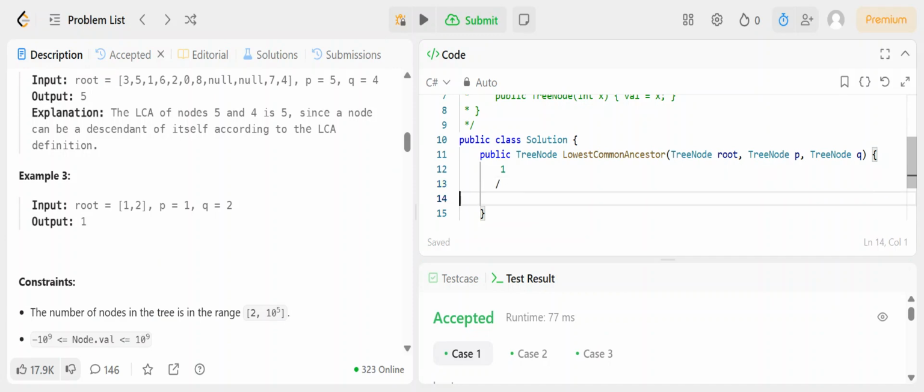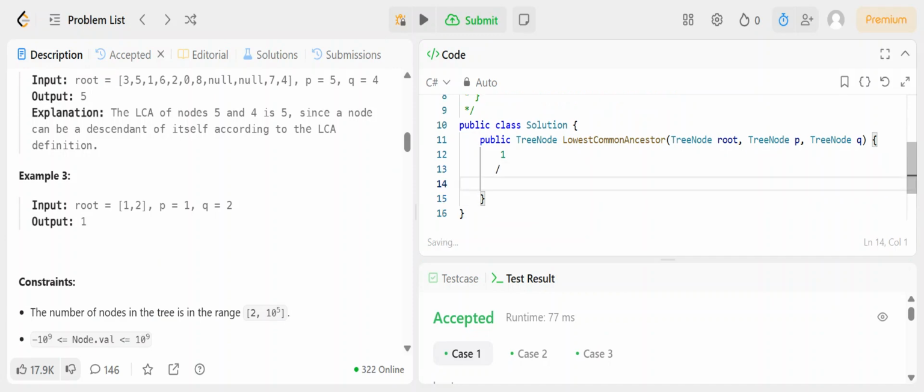I'm denoting it with hyphens, and here we have 2. The left value is empty, and the given values are 1 and 2. So 1 is an ancestor to itself, and for 2, 1 is an ancestor, so we can say the lowest common ancestor is 1.